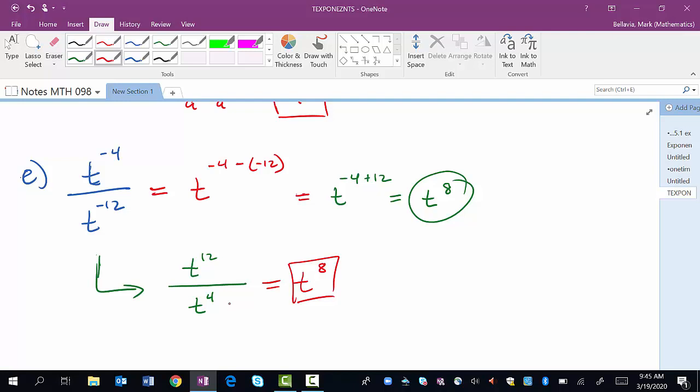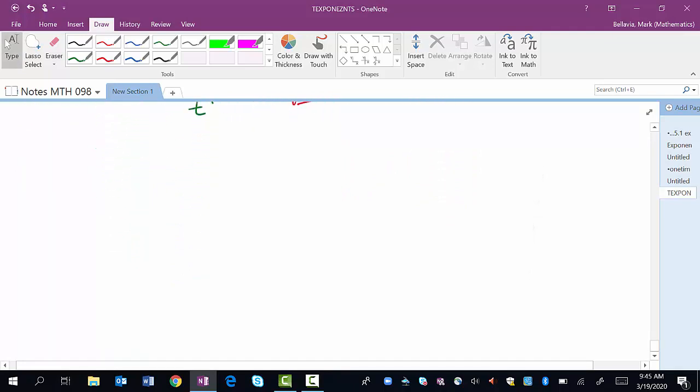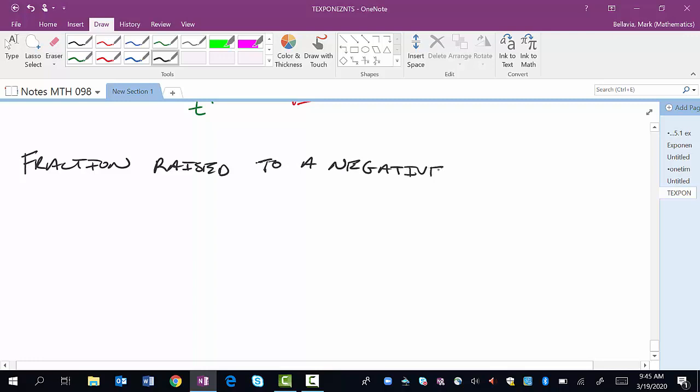So the last part of this section, we're going to talk about what happens when you have a fraction raised to a negative exponent.